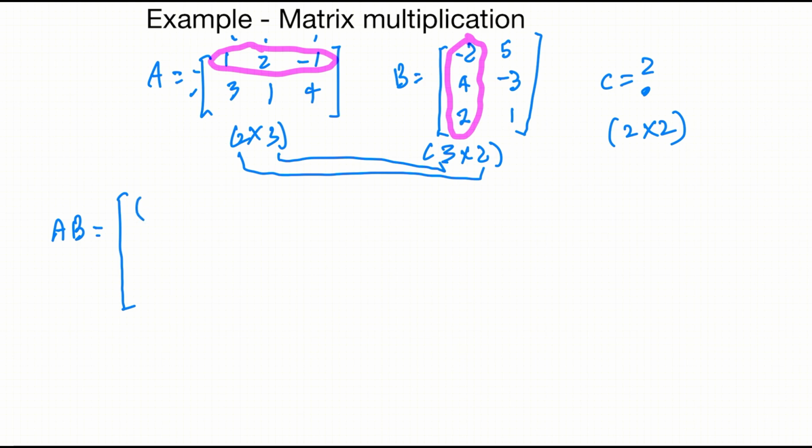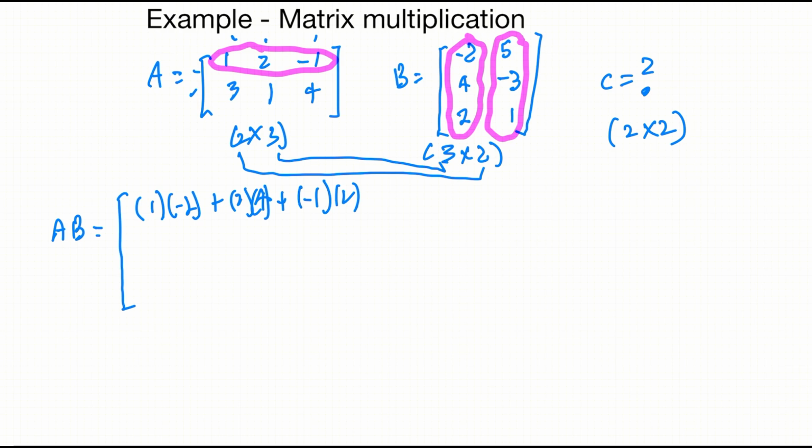The first element is 1 times minus 2 plus 2 times 4 plus minus 1 times 2. So that's our first entry. Now our second entry is going to be that first row times the second column.